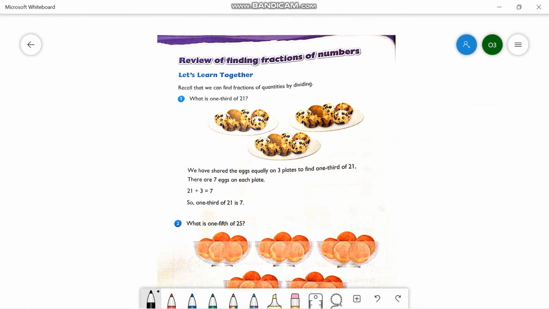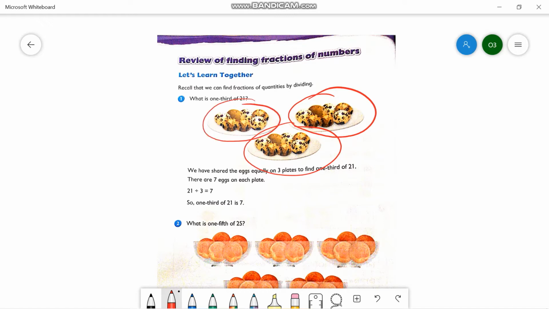So what is 1/3 of 21? 1/3 means you have to divide 21 into 3. As you can see, the eggs were put into 3 plates: 1, 2, 3.